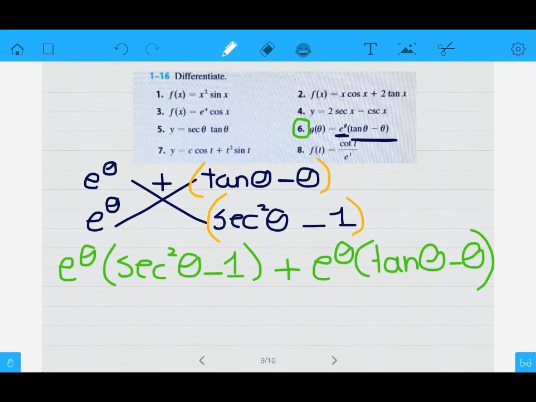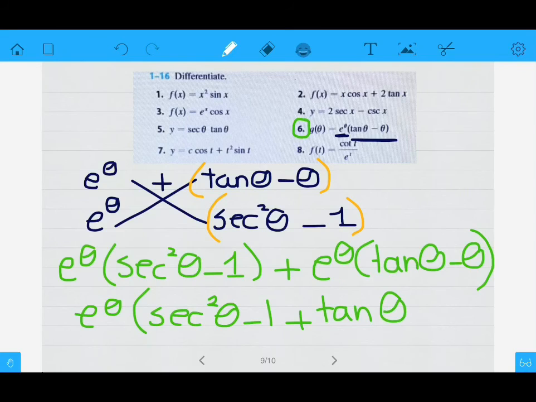Okay, we can take e to the theta as the common factor: we have sec squared theta minus 1 plus tan theta minus theta.